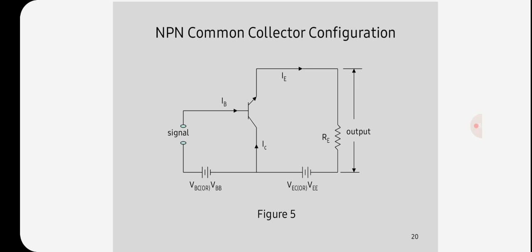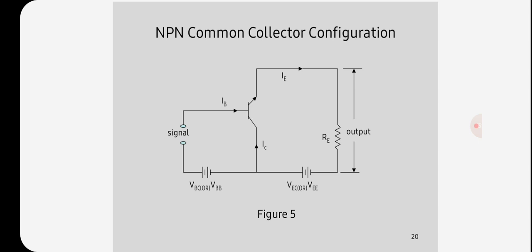The voltage gain of this amplifier is poor, but it has an important characteristic of having very high input resistance and very low output resistance. This property makes it very useful in impedance matching applications.